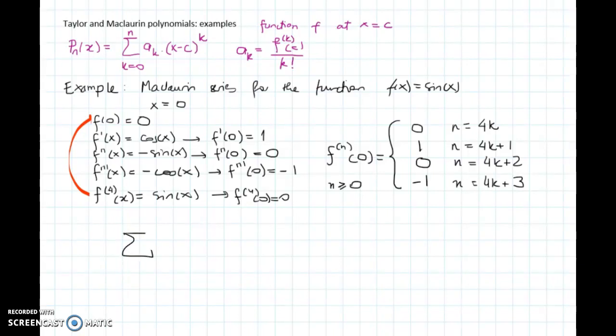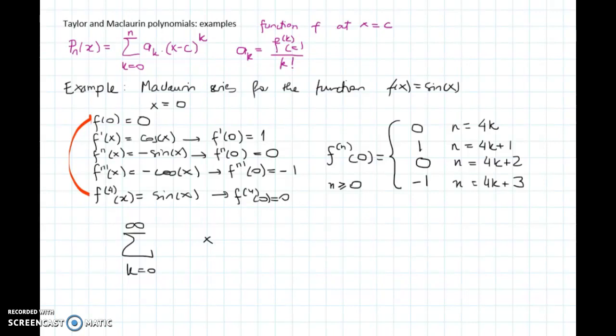So let's write what our series is going to be. We are going to be summing from k equals 0 to infinity. And we are going to have only the odd indices giving me something non-trivial.